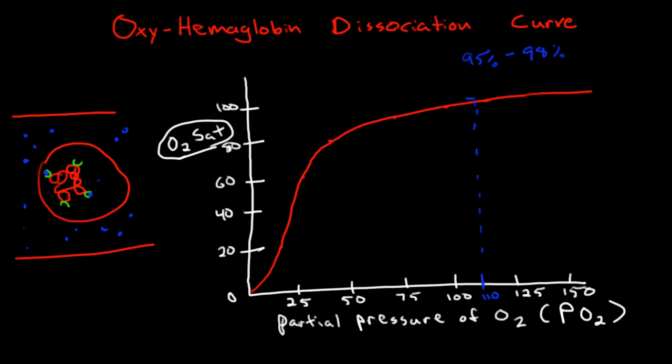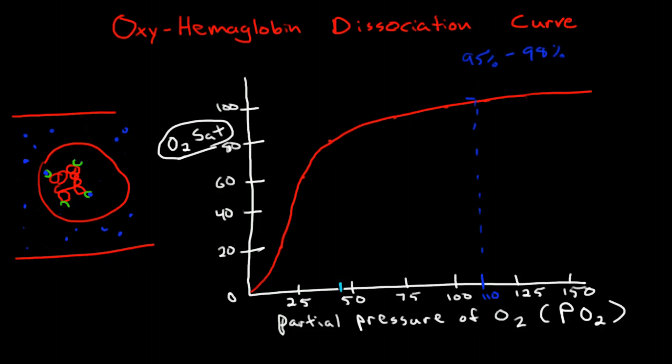So as we move to the left on this oxygen-hemoglobin dissociation curve, we get down to a level of oxygen concentration that we might see in the tissues.